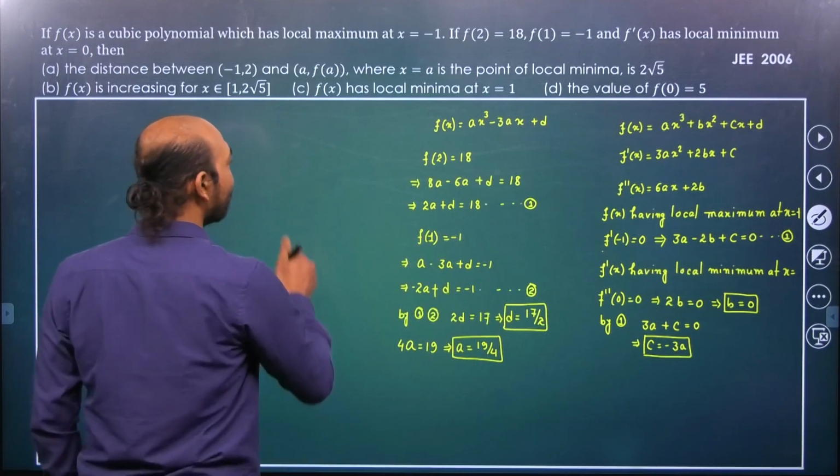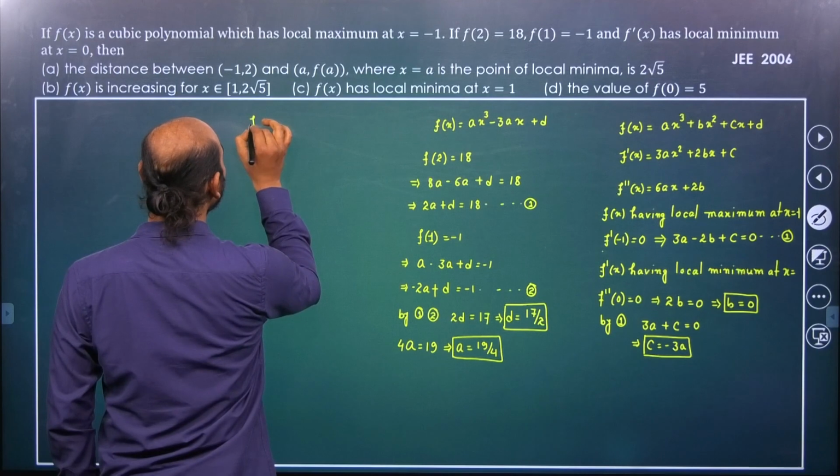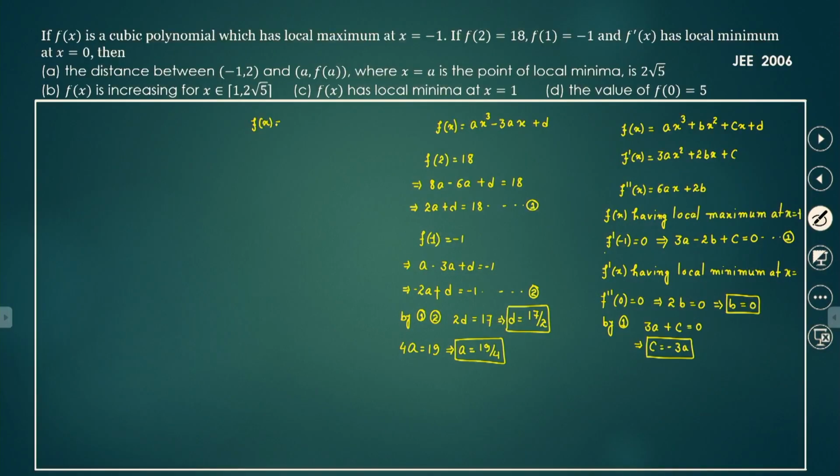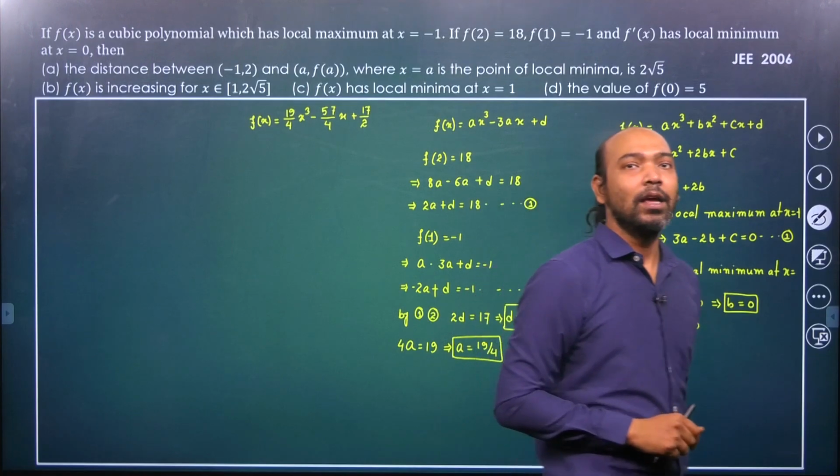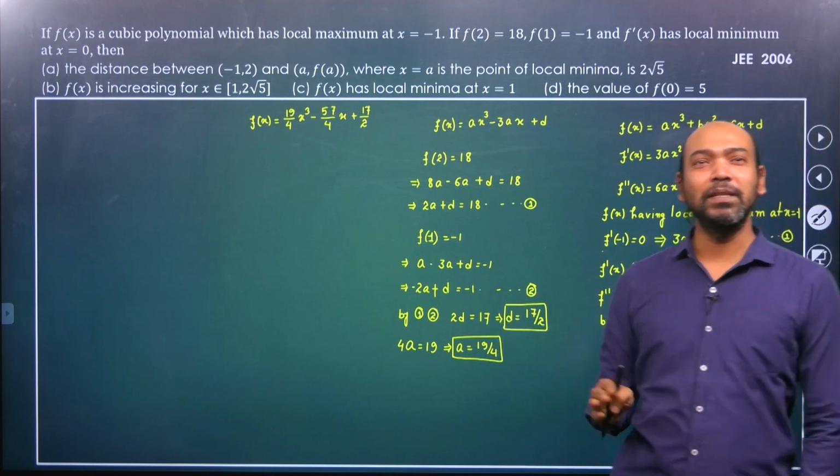So my given function f(x) becomes a is equal to 19 by 4, then x cube, 3a means that is 57 by 4, and d is 17 by 2. So that's our calculation. Now we see 19, 57 and all that.